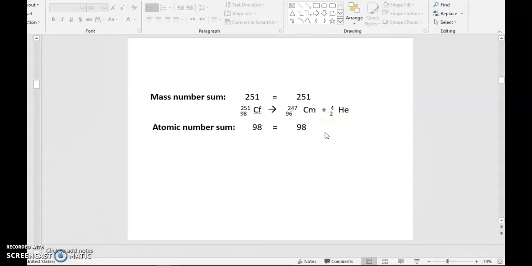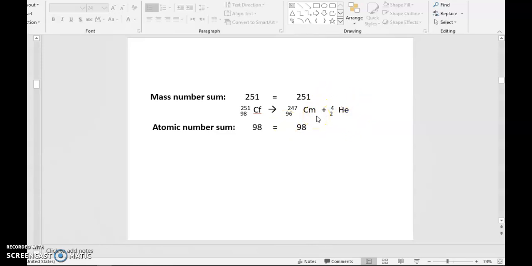This is another example. Cf, with mass number 251 and atomic number 98, and it is clear that it emits alpha.